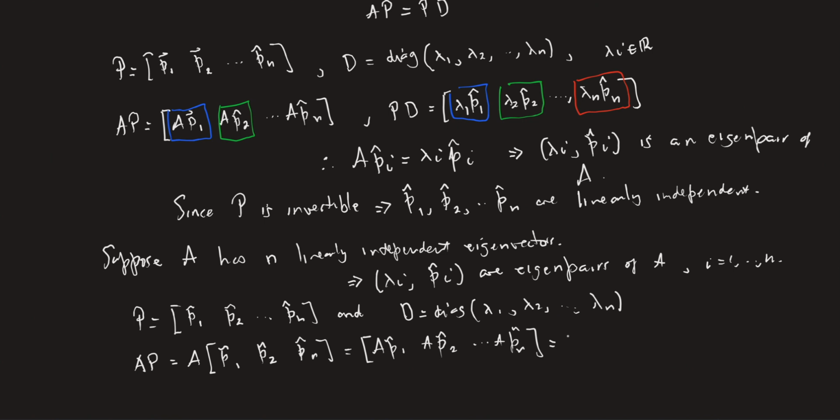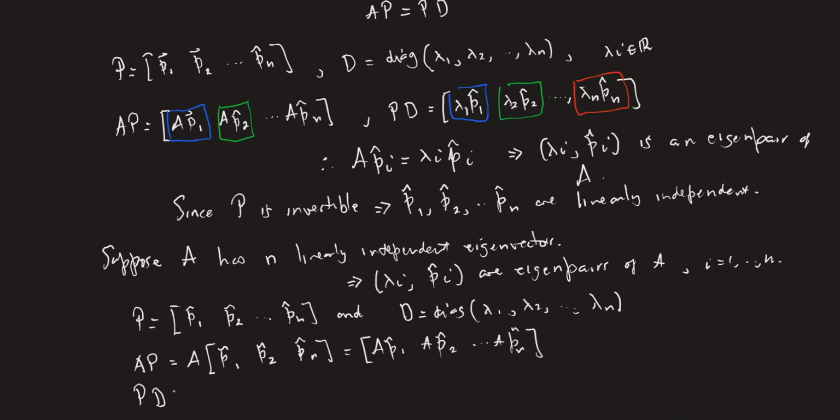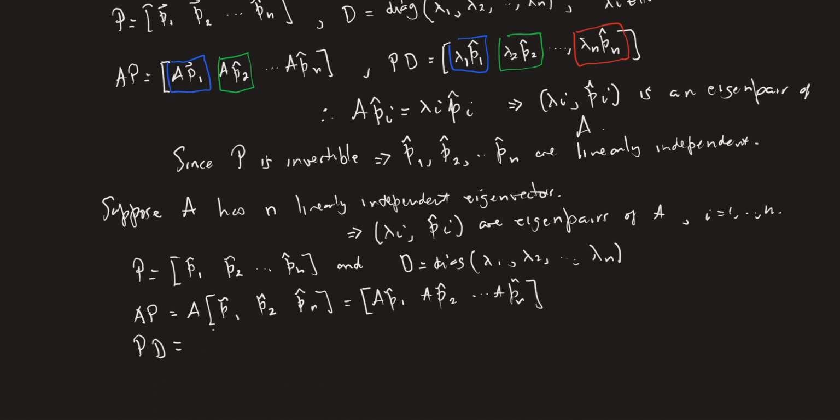So then this would be equal to, now if we do the P times D, with, again, multiplying by a diagonal matrix, we will have our P1, P2, dot dot dot, Pn, and then times the diagonal matrix lambda 1, lambda 2, dot dot dot, lambda n.